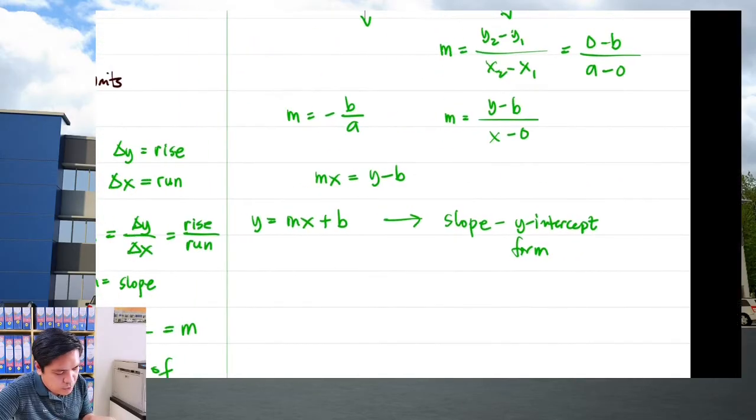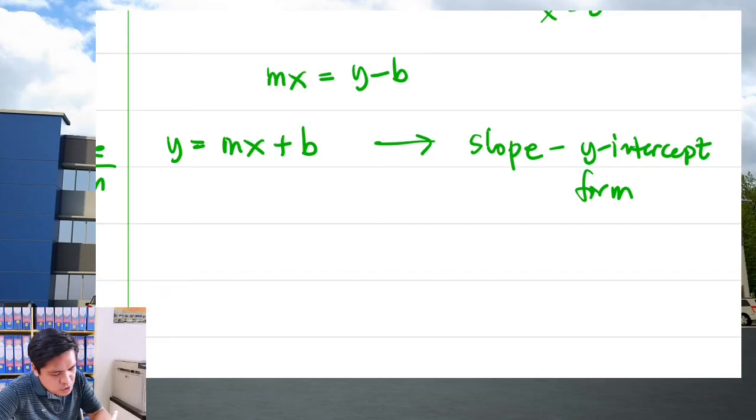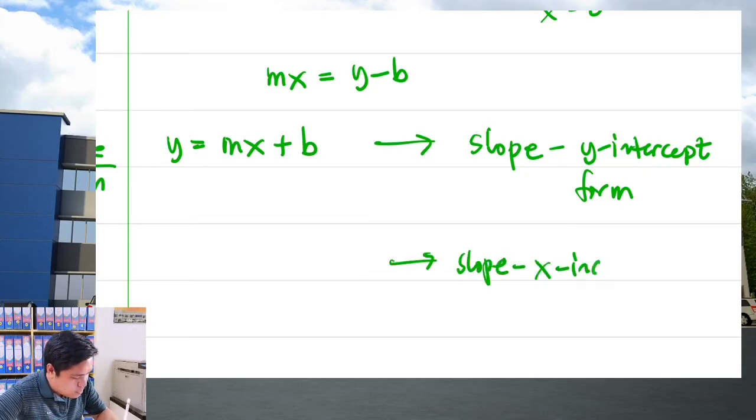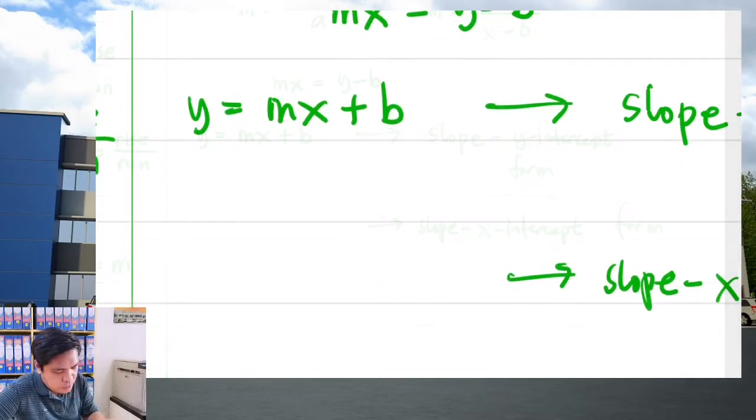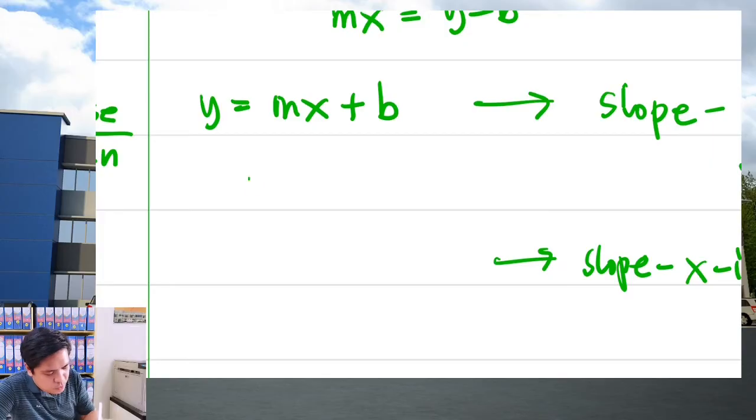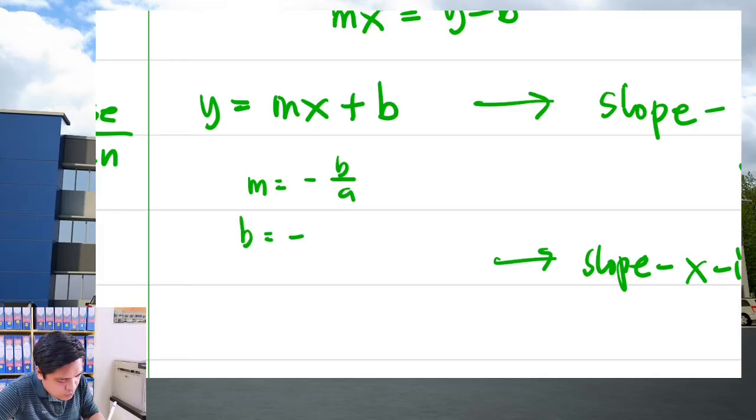But if you want to express this in terms of slope and x-intercept form, how do we do that? I'll just answer it myself. We know that m is equal to negative b over a. So, that means b is equal to negative am. Right? I just move this to the other side of the equation.